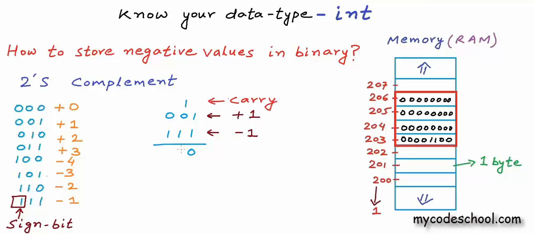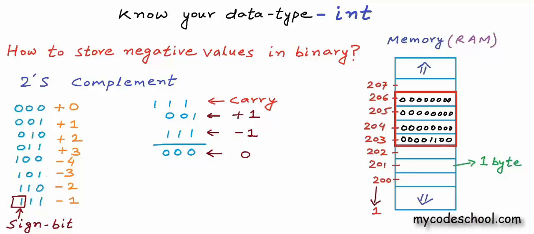Now at the next bit position we once again have two 1s, so 1 will go as carry, and once again for the leftmost position also we'll have a 0 and 1 will go as carry. So the actual result would be 1, 0, 0, 0, but because we are storing the numbers in 3 bits only, we do not have space for the 4th bit, so this leftmost 1 should actually go in an overflow. And if we are keeping only the 3 zeros, then our result is 0 as expected.